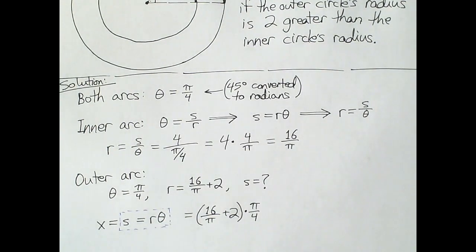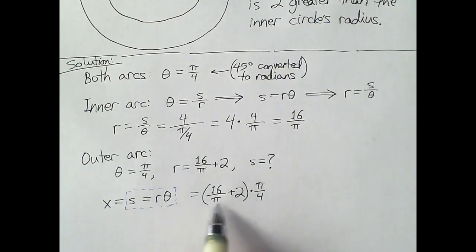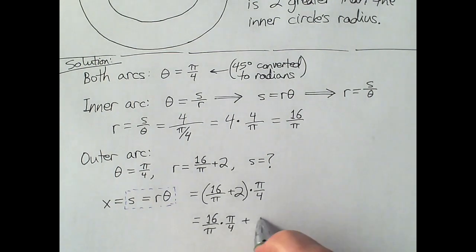We're almost there. We basically have found X, and all that's left is to try to simplify this answer. I think we should distribute across the parentheses. So 16 times this, 2 times this, right? Let's do that. So 16 over pi times pi over 4 plus 2 times pi over 4. How does that simplify?